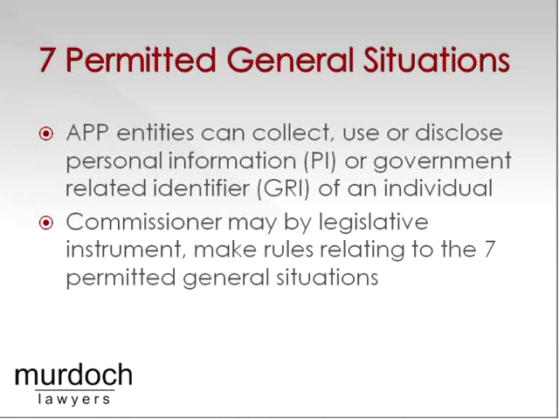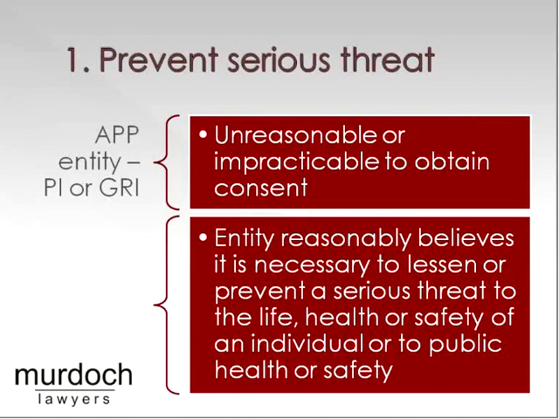So in relation to the general exclusions, these are situations where APPs can collect, use or disclose personal information or a government-related identifier of an individual. We expect there'll be some more rules made about this, and they'll be published before too long.